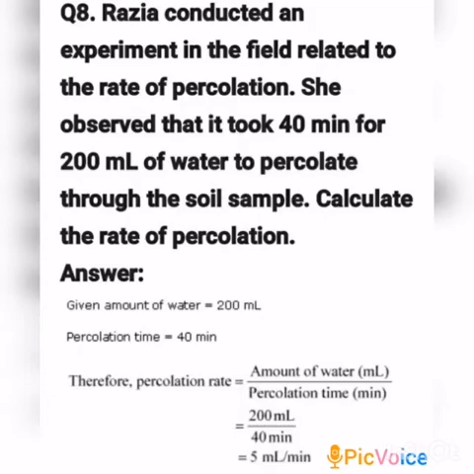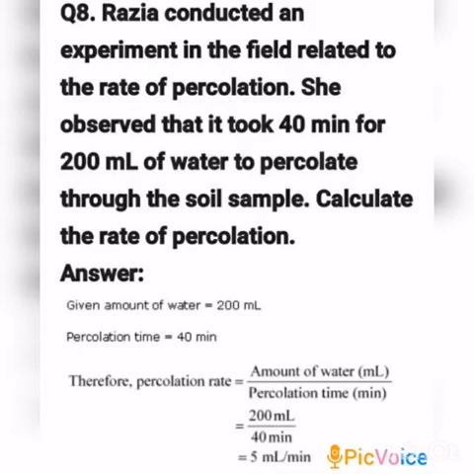Given amount of water, what's the amount of water here, children? 200 ml. Then, what's the time taken to percolate the 200 ml of the water? The percolation time is 40 minutes.